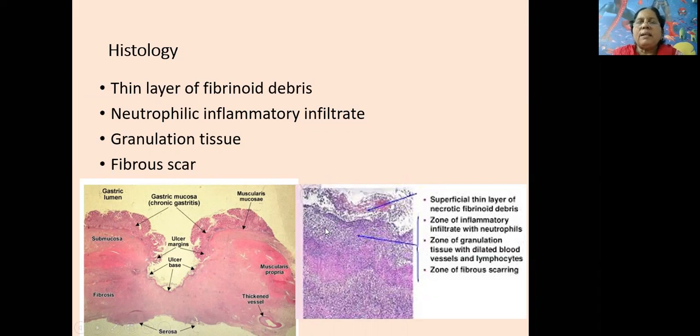Beneath that is granulation tissue, with angiogenesis, fibroblastic proliferation, and some inflammatory cells. Then there is a zone of fibrous tissue or collagen formation. Remember: thin layer of fibrinoid debris, neutrophilic infiltrate, granulation tissue, and fibrous scar.